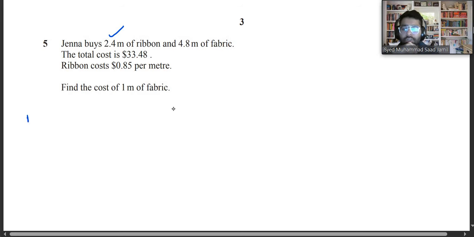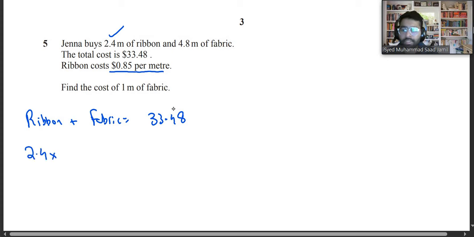So basically the cost of ribbon plus fabric, the total cost, is 33.48, right? So Jenny buys 2.4 meters of ribbon and the cost of ribbon per meter is 0.85. So 2.4 multiplied by 0.85.